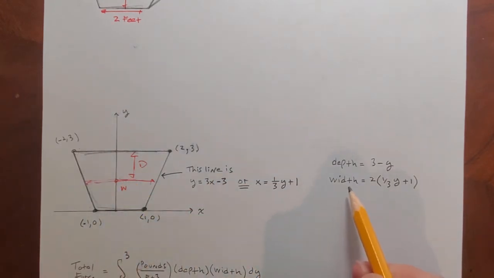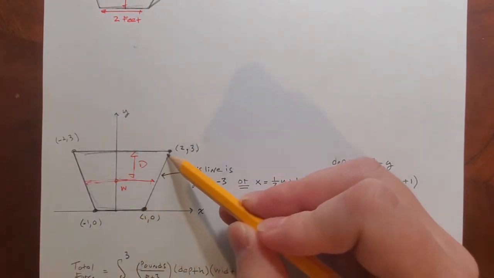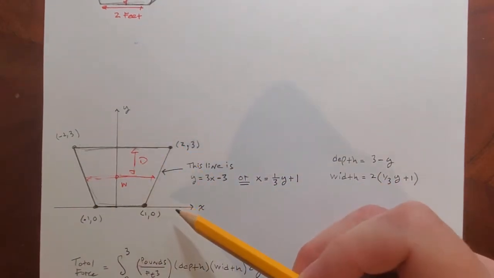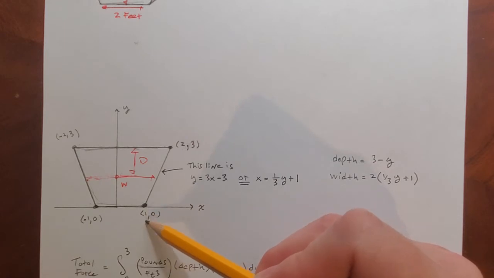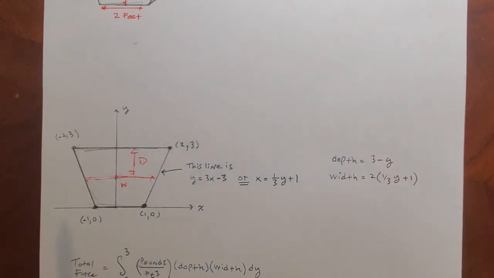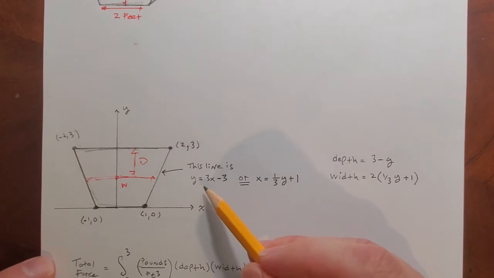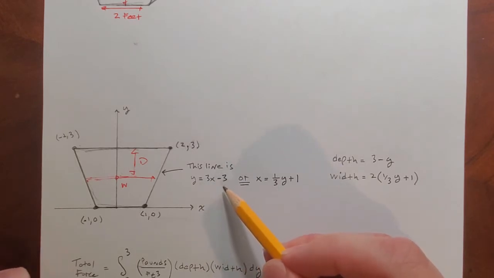And the width, well, I need the equation of this line. So what I would have to do is find the equation of the line that goes through the point 1, 0 and also the point 2, 3. Okay? So that's a technique that we learned in algebra class. I told you I wasn't including that in the video, but y = 3x - 3 is the equation of that line.